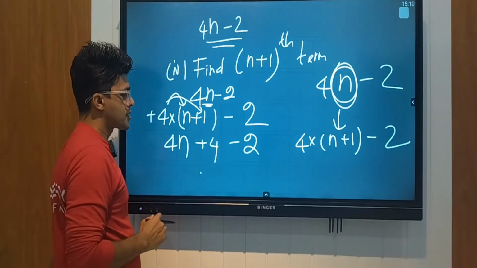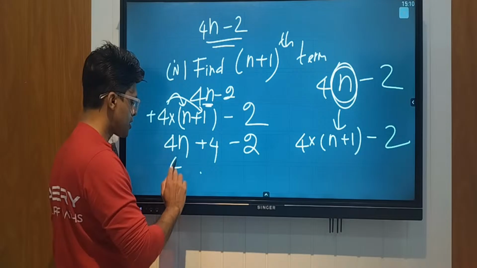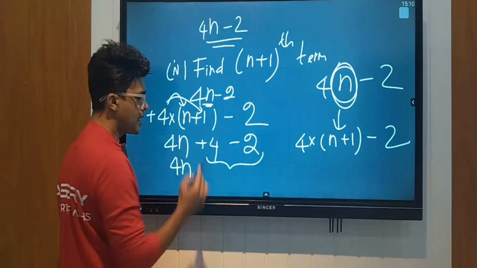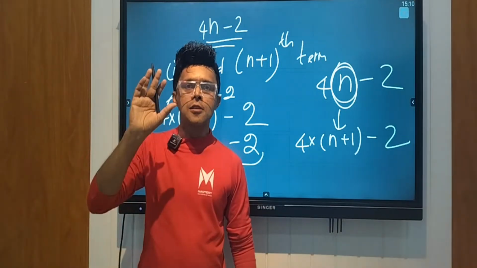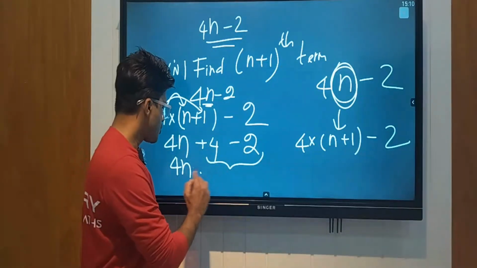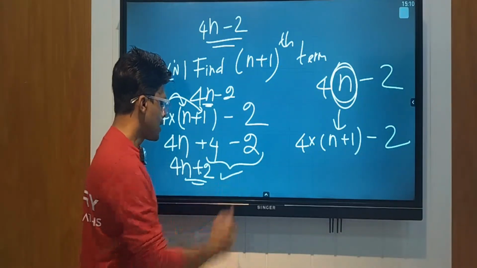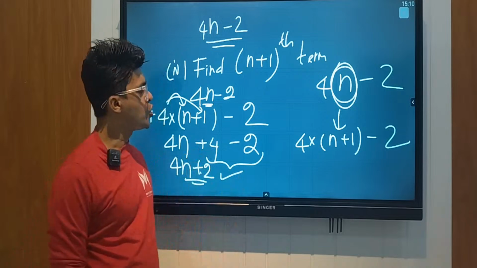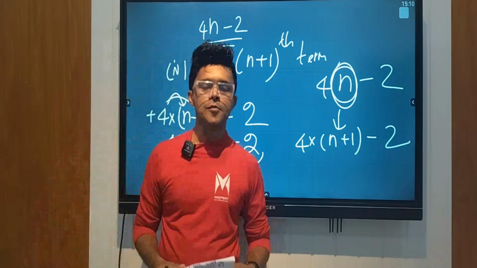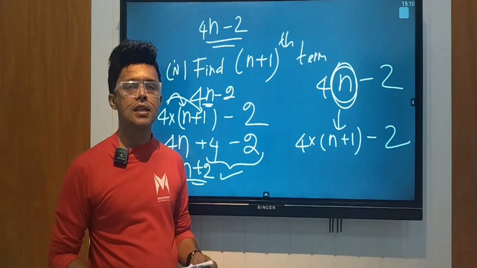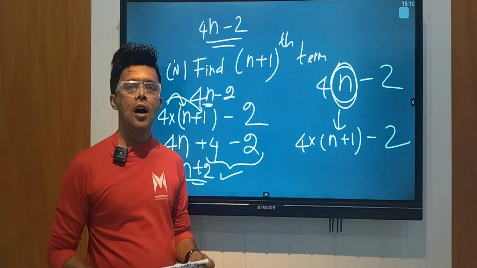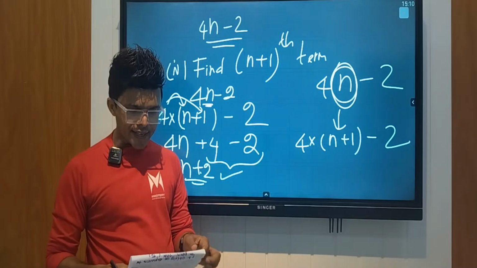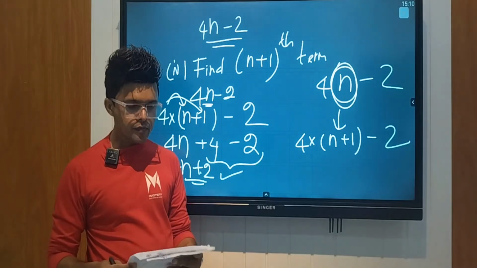Now we simplify the like terms: 4 minus 2 is 2. So the n plus 1 term is 4n plus 2. These types of questions can be seen in your textbook as well.